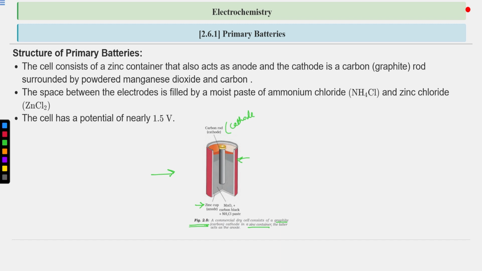This is a representation of a commercial dry cell. As I said, we will study the structure of primary batteries, and an example of a primary battery is the dry cell. So this is the structure of the dry cell in figure 2.8.